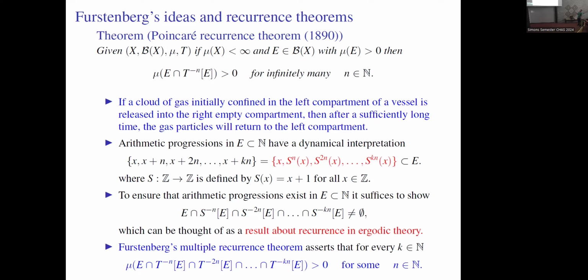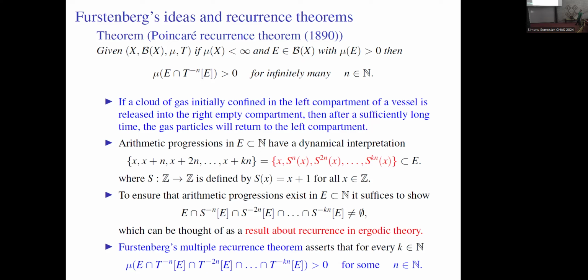And so the motivation comes from statistical or classical mechanics. So here is what was the motivation for Poincaré. If a cloud of gas, which is initially confined in the left compartment of the vessel, is released into the right empty compartment, then after sufficiently long time, the gas particles will return to the left compartment.